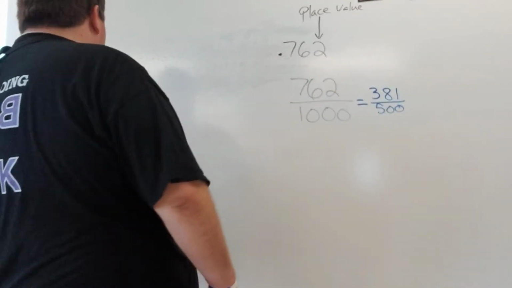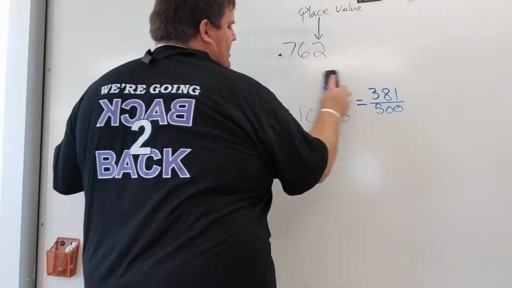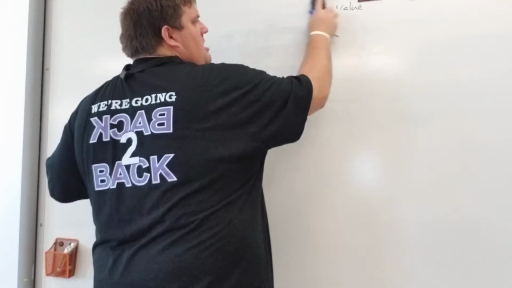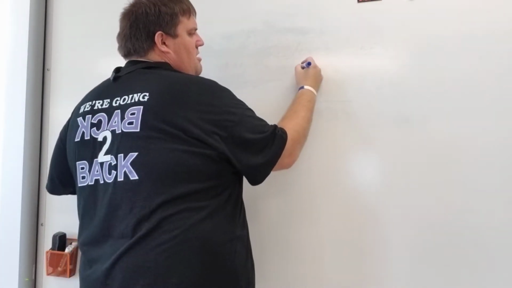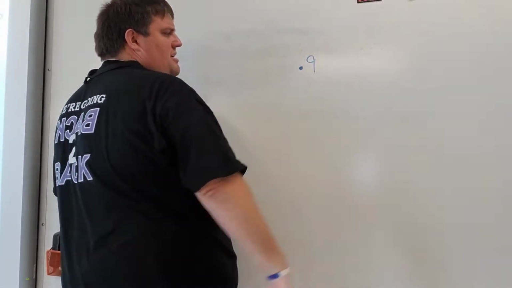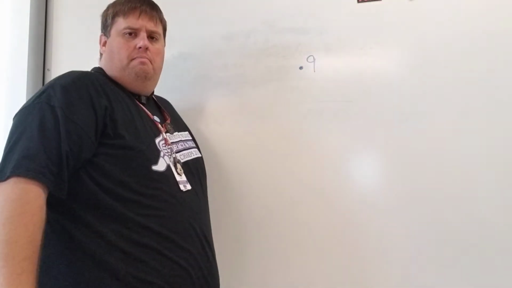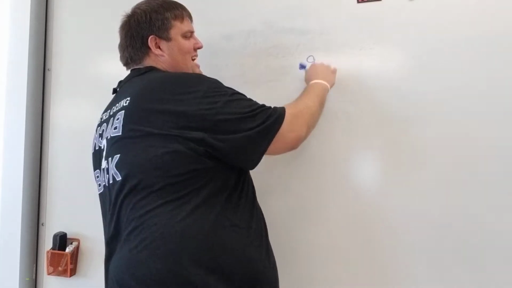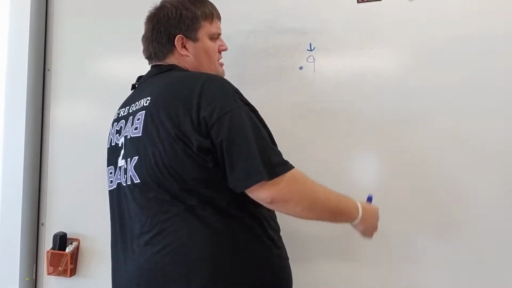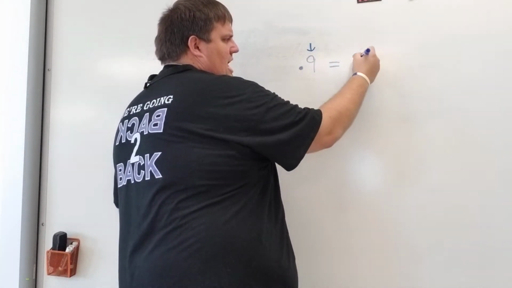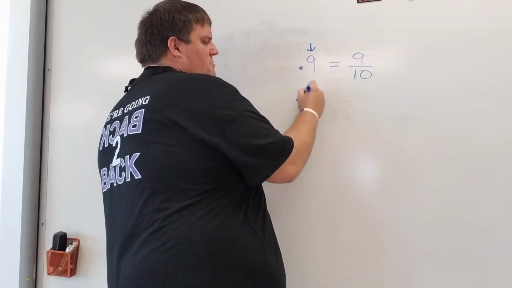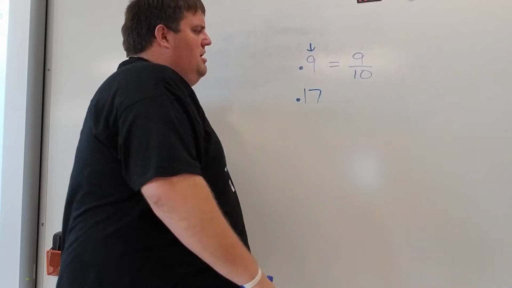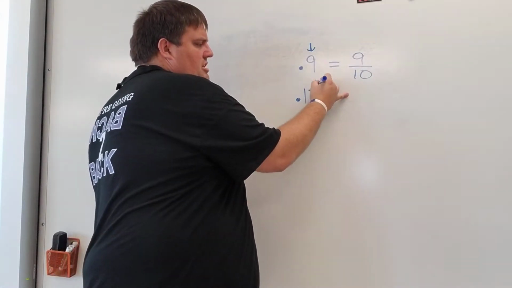All right, any decimal that ends, we're going to do the exact same way. So let's say we had 0.9. That's in the tenths place, so we're going to put 9 over 10. If I had 0.17, you're going to look at that last digit.